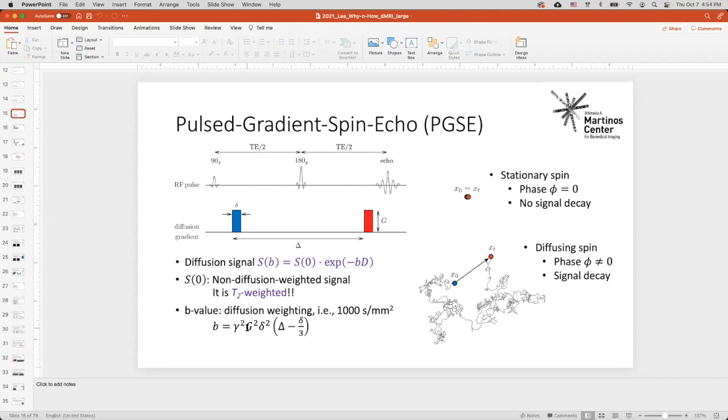But when we use hertz instead of other units, there's no 2 pi there. So when we represent gamma using megahertz over Tesla, we are talking about gamma bar, which is gamma over 2 pi. In that case, we need to multiply 2 pi back into the b-value. That's just about the definition of the unit of gamma.